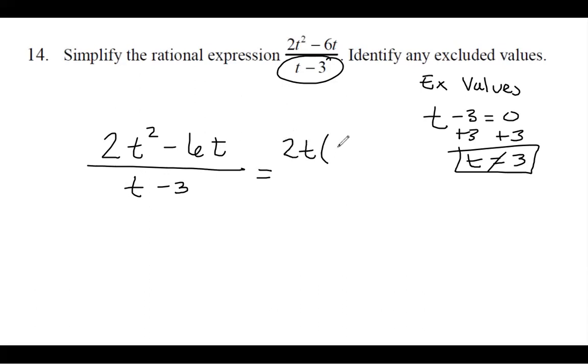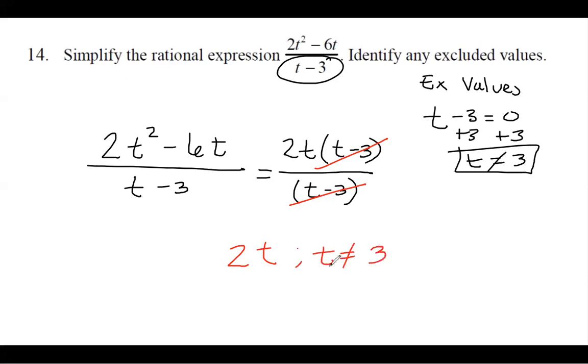We're left with t minus 3 over my denominator. That's it. I cannot factor any further. So what simplifies? The t minus 3. And we're left with 2t as my simplification, where t cannot be equal to 3.